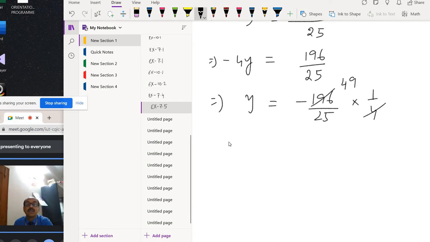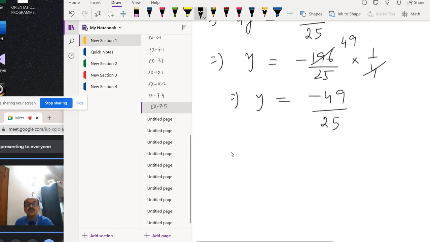So y equal to minus 49 by 25. Therefore, the coordinate of the foot of perpendicular, that is Q, is Q equal to x is 68 by 25 and y is minus 49 by 25.